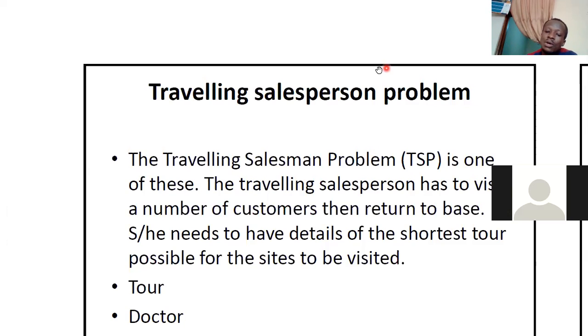Now, the traveling salesperson is like the guy that they call, I don't know what they call him, but in Ghana there are these guys from, I think, Burkina who sell materials, like trousers and all that. And you see them all over the place. What is his problem when he wakes up in the morning?